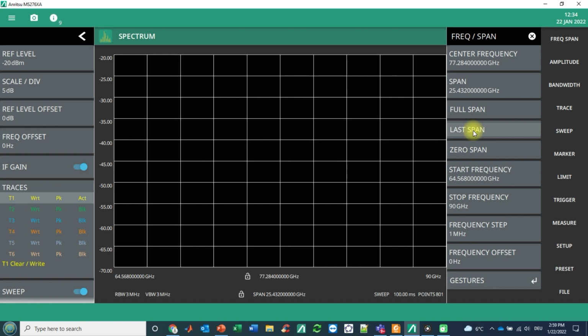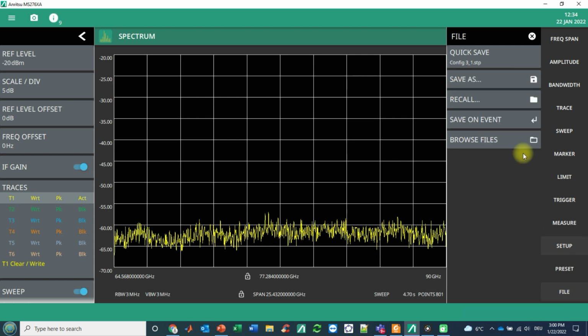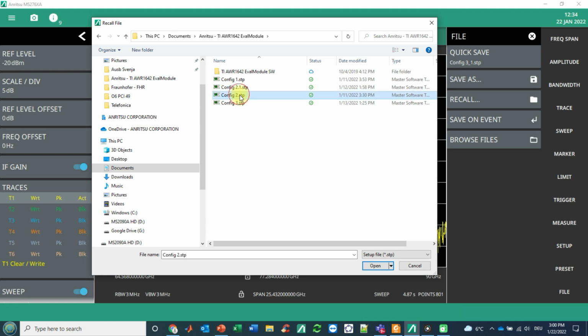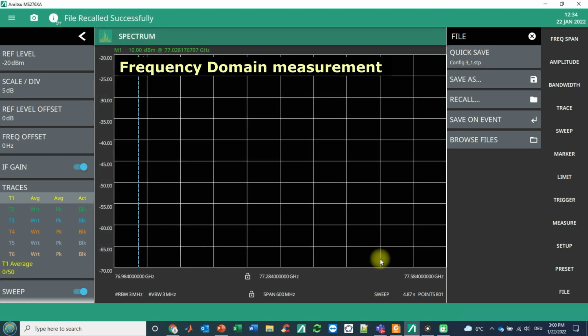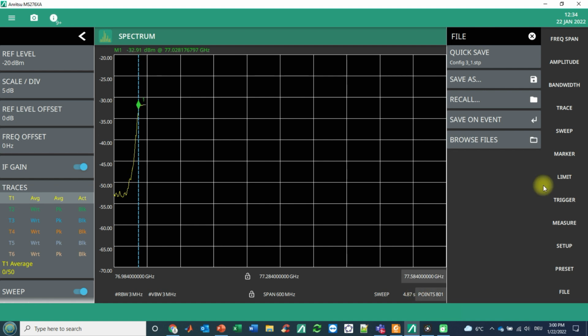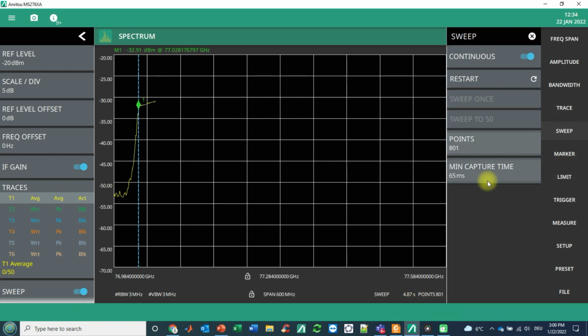This takes now a while until the analyzer has switched its operational mode. And to make it quite easy, I'm just loading here the so-called configuration number 2. And now we have to wait a little bit. You see, we have applied here a sweep time of around 65 milliseconds.